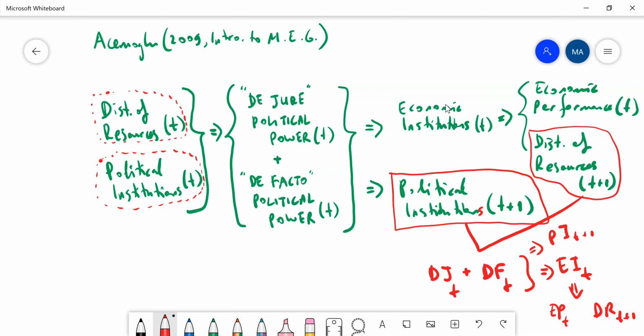Why? Because in some countries, the initial distribution of resources and the initial political institutions create more democratic institutions or more inclusive institutions, right? And in some other countries, the distribution of resources and political institutions create a certain set of institutions that create only disruptions, right?